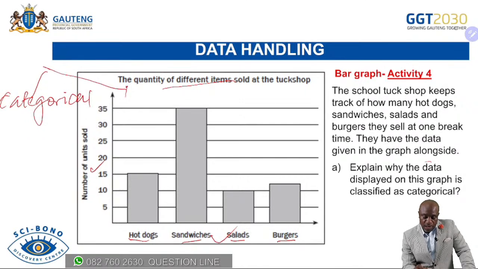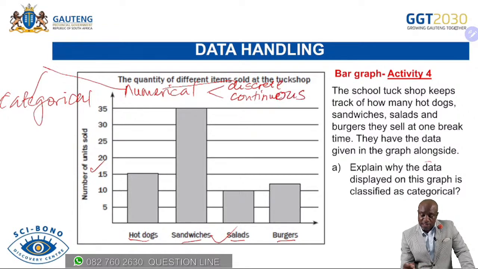or numerical. So if it is numerical, then we further describe it as discrete and continuous. So in other words, we further classify our data as those three there.